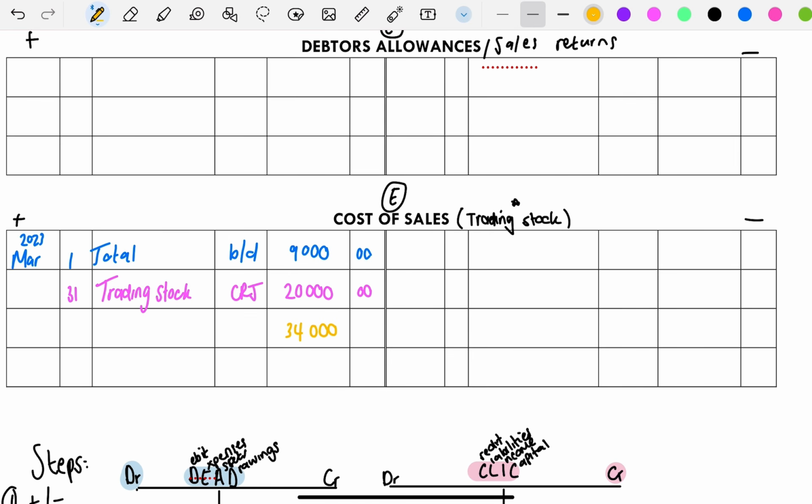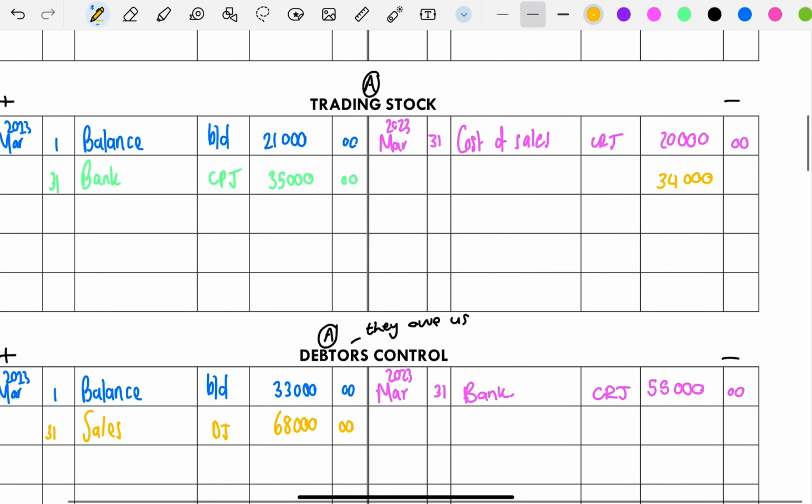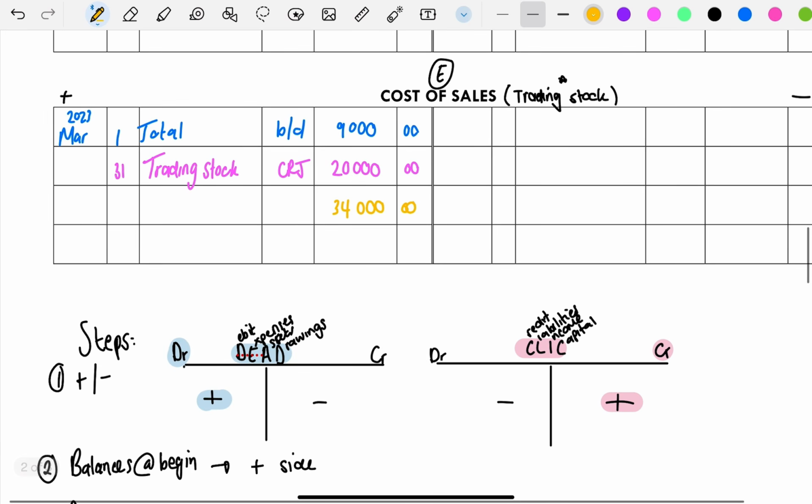As you can see, the CRJ transaction is just above it, and it looks exactly the same because the debit is again in cost of sales. The only difference is we're posting from the DJ this time, so I'm writing DJ instead of CRJ. In the cost of sales, we're going to write again trading stock and DJ because the credit of this 34 is in trading stock.